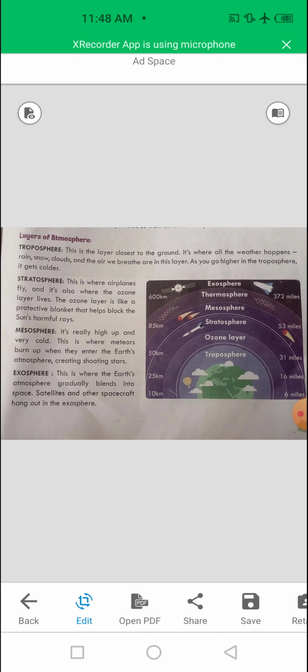This is the thick layer closest to the ground. It's where all the weather happens, like rain, snow, clouds, and the air we breathe are in this layer. As you go higher in the troposphere, it gets colder.